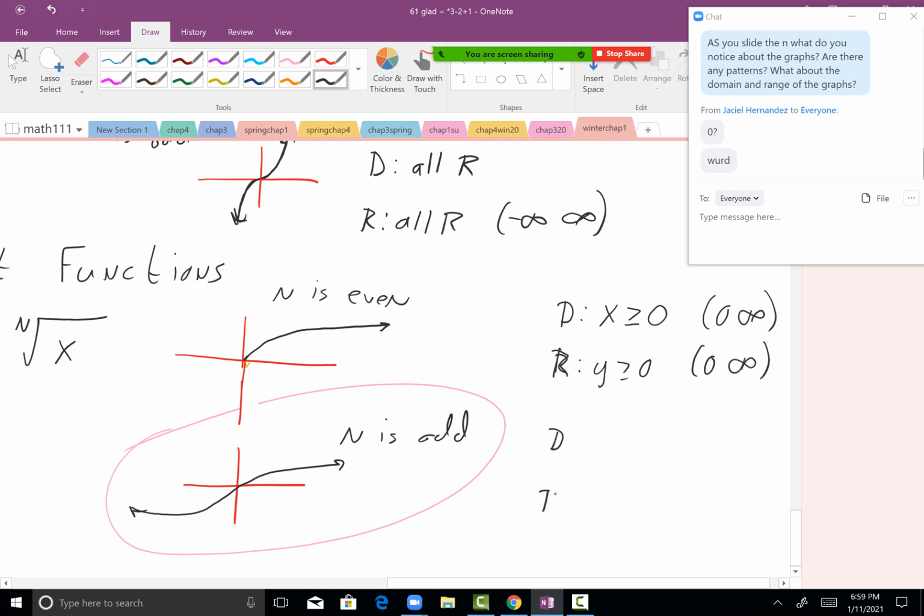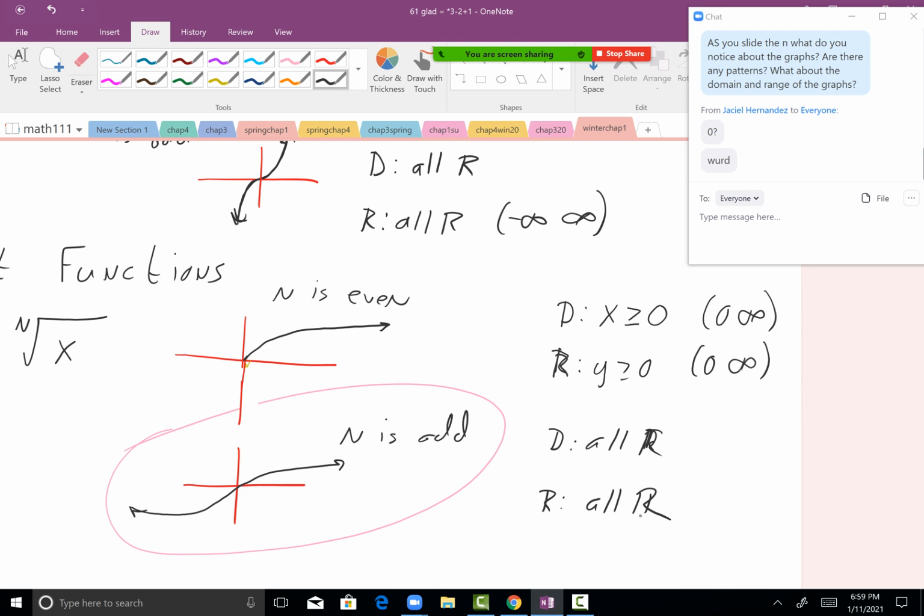And what about the odd then? All real numbers. For both? Yes. So that's awesome. If you guys picked up on that, that's great. The domain and range is all real for the odds, and greater than or equal to 0 for the evens.